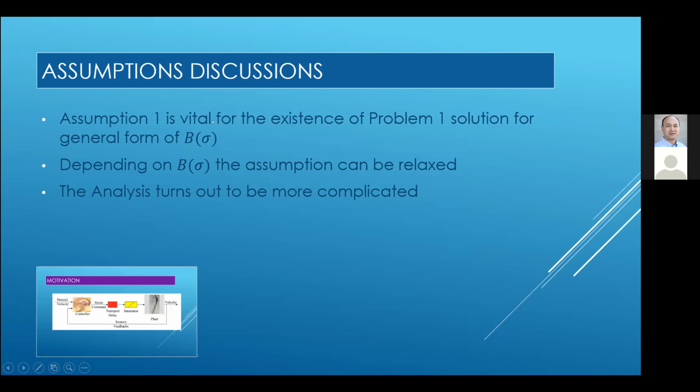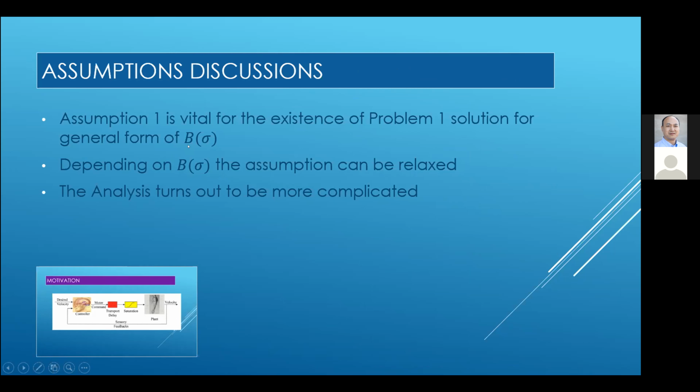Now they wanted to mention that the assumptions that they have are fairly strict, but vital for the existence of the solution for problem 1. And again, the assumption is that the eigenvalues of A are on the imaginary axis.